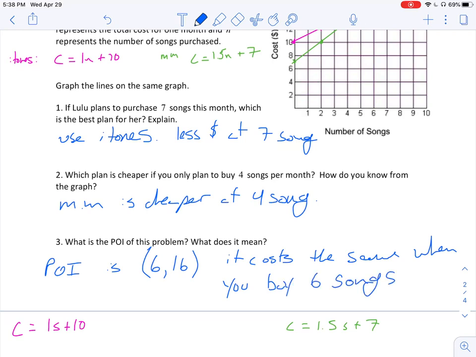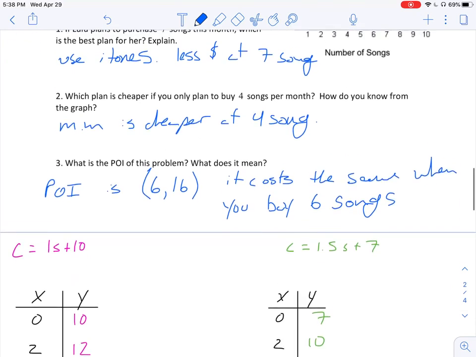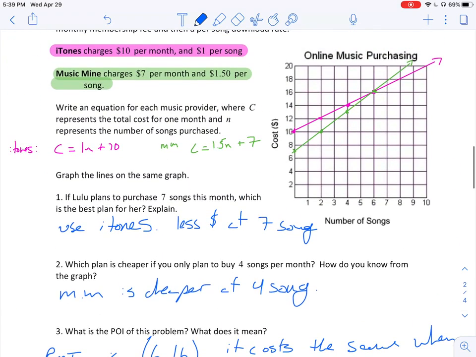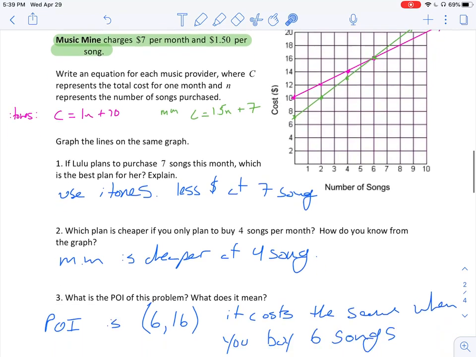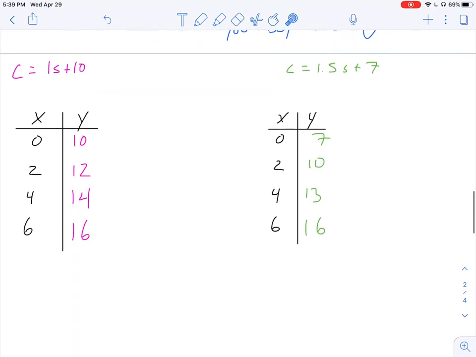If we didn't see that on the graph, I mean, the graph does a pretty good job of showing us visually where these 2 lines touch. If you picked up on the fact that both 6 and 16 appear in each table of values that we created, you could then just say, okay, the point of intersection is (6, 16), those are the exact same.